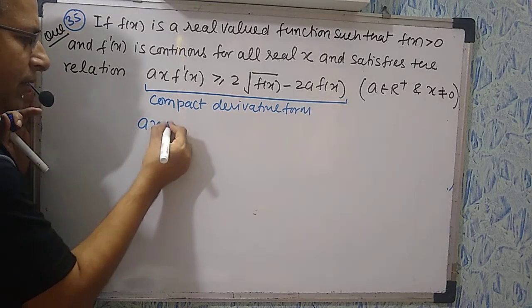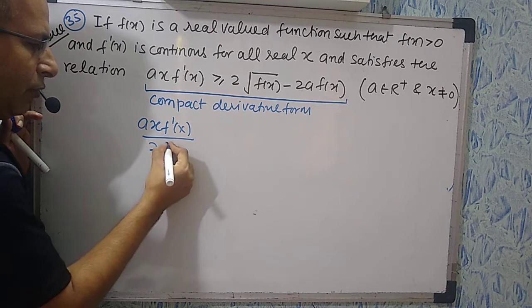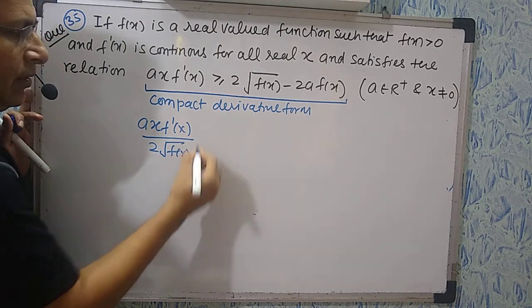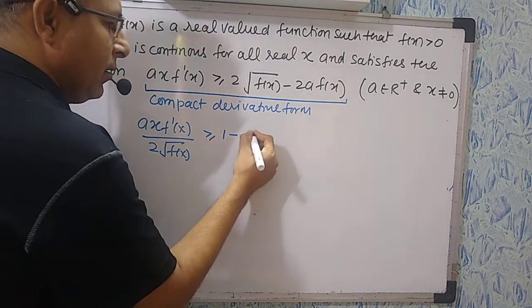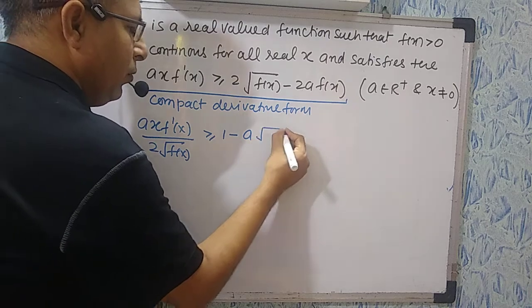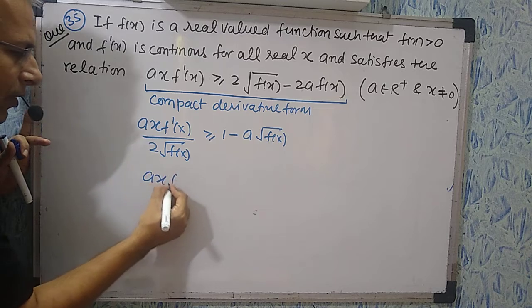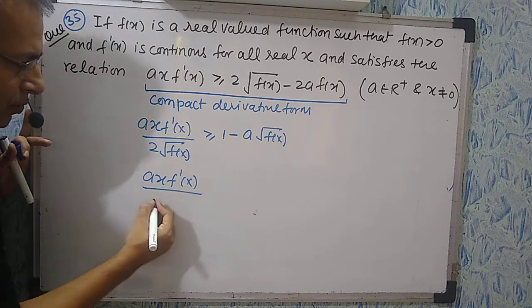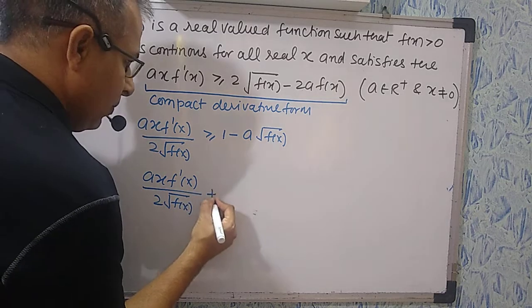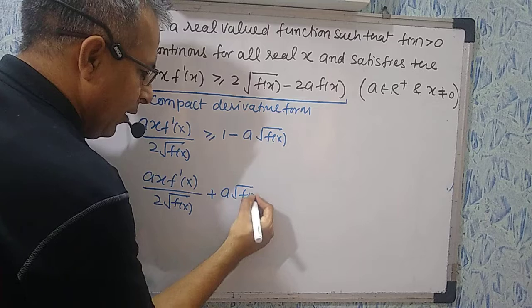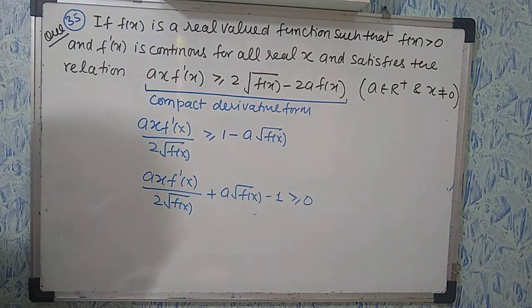So we get a x f'(x) divided by 2√f(x) ≥ 1 − a√f(x), and this is a x f'(x) divided by 2√f(x) + a√f(x) − 1 ≥ 0.